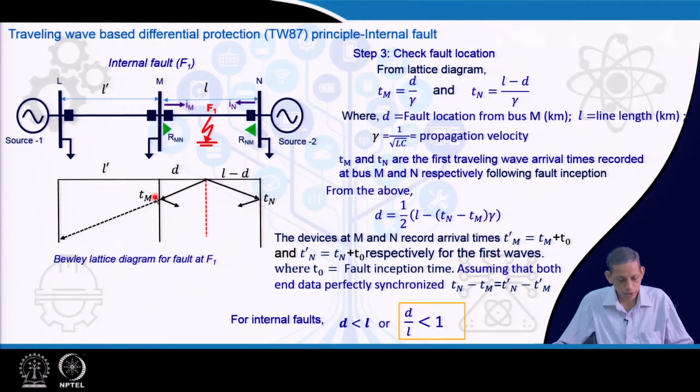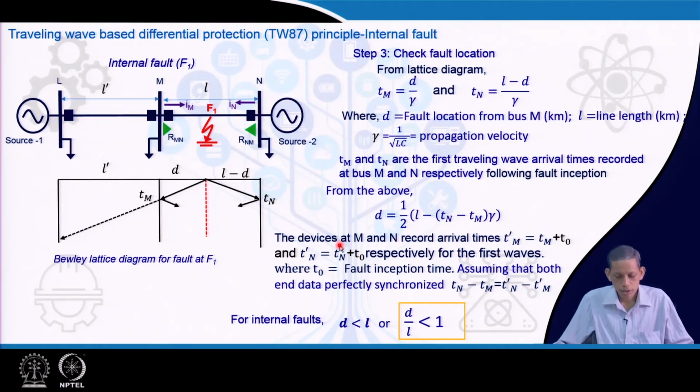Note that T m and T n are the fast travelling waves arriving at bus m and bus n respectively. Now, from these two relations we can say that d equals half L minus T n minus T m into gamma. So, these two equations reveal the distance d equals half L minus T n minus T m into gamma.